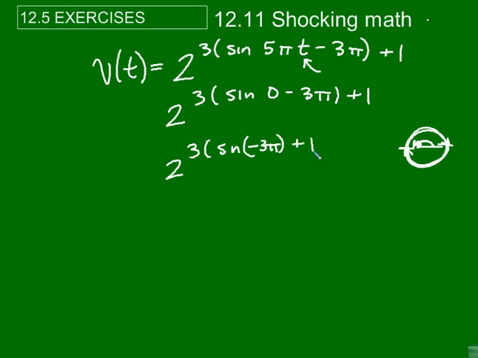So the sine of negative 3 pi you end up with 0, which makes sense because the angle measured in here is a straight angle, so it's 0. So I get 3 times 0 is 0, and I end up with an exponent of 2 to the first, so I get 2 to the 1, which is just 2. So the initial voltage out of this thing is 2 volts.